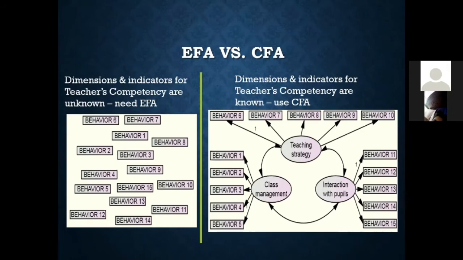For EFA, we use IBM SPSS Statistics, previously just called SPSS, but now the latest name is IBM SPSS Statistics. For CFA, the software is IBM SPSS AMOS, which is based on the covariance-based structural equation modeling algorithm. So we can calculate CFA from AMOS. We can also calculate CFA from the PLS-SEM algorithm.